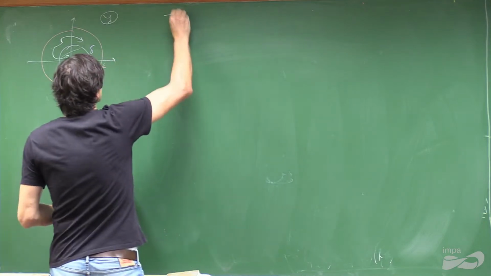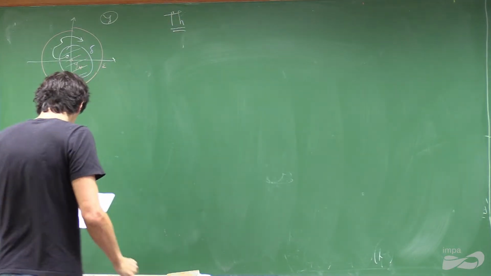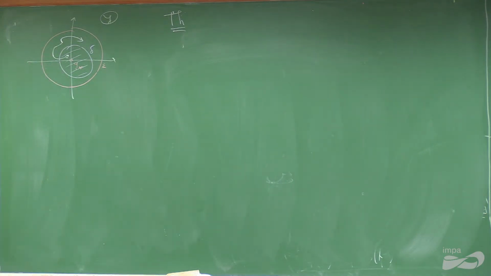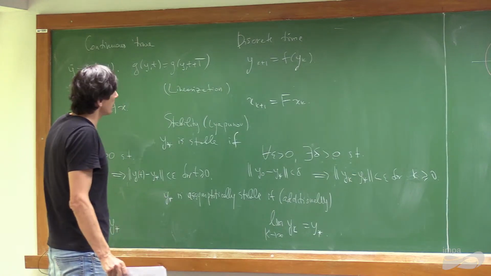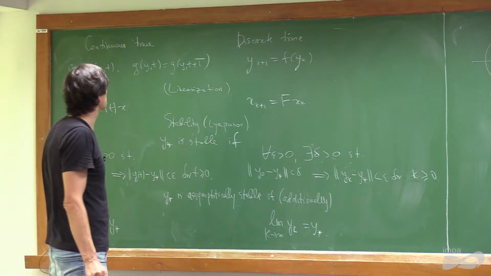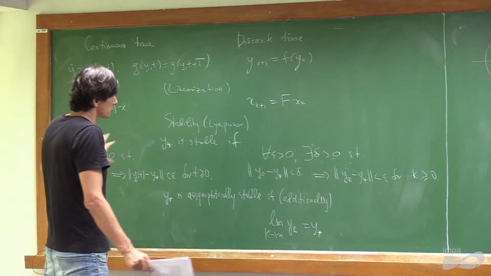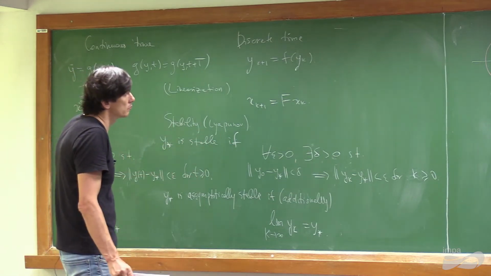So we can write a theorem that you can try to prove yourself. Essentially, what we prove is that the condition on the left is equivalent to the condition on the right. So it doesn't matter whether you check stability in discrete or continuous time, it will be the same.